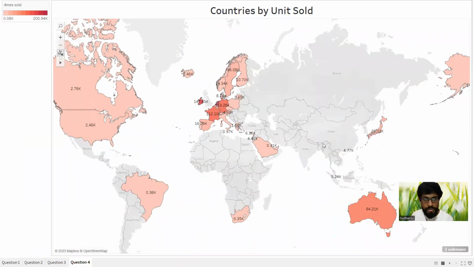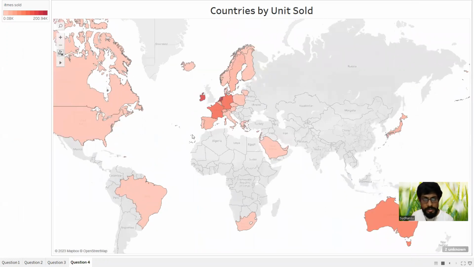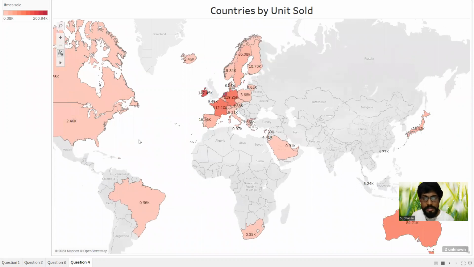And at last, we have looked at the countries where the products of the company are in demand, the countries by units sold, how many units are sold in each country. These are the countries where the highest units are sold and which are highly in demand.